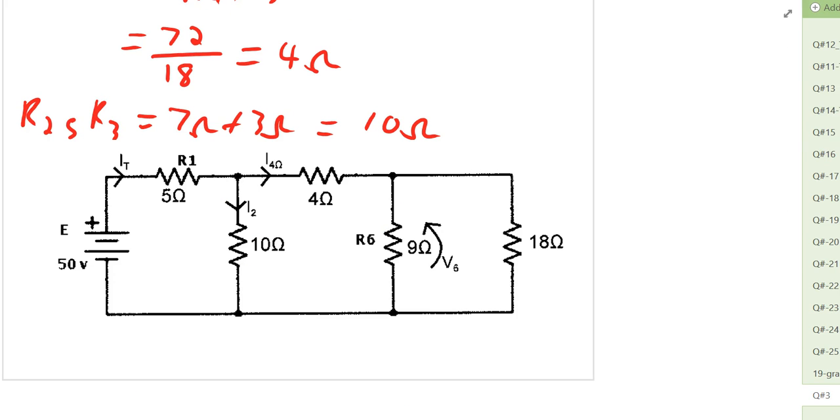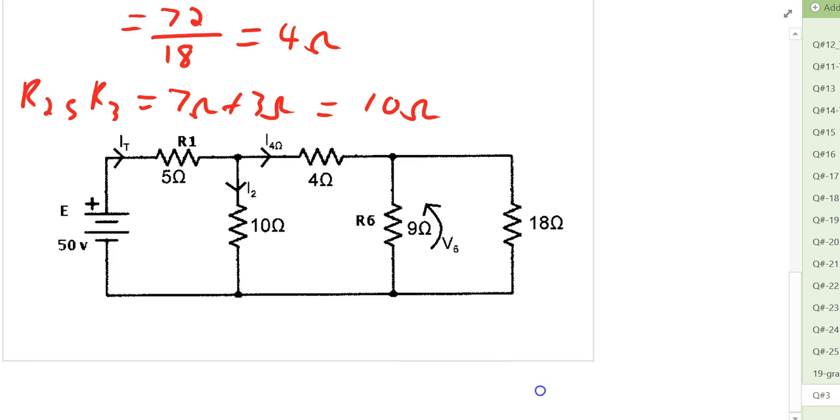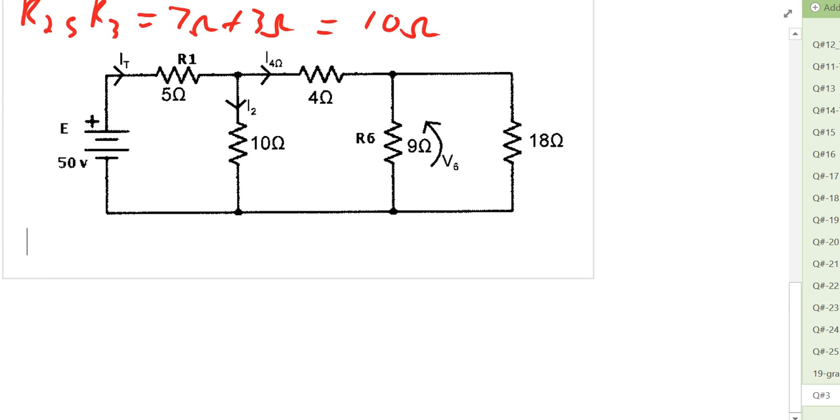Okay, so you'll notice that I've inserted a graphically drawn circuit whereby I have replaced R7, R8, and R9 with the 18 ohm value. I have replaced R4 and R5 with the 4 ohm value, and R2 and R3 with the 10 ohm value.